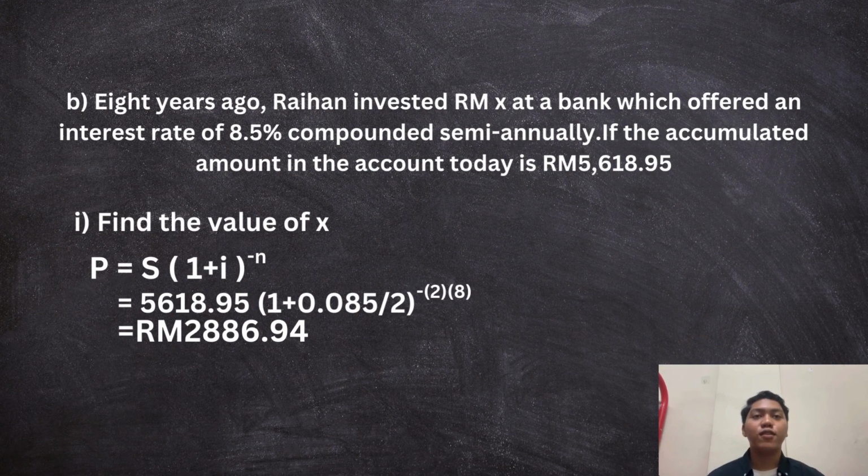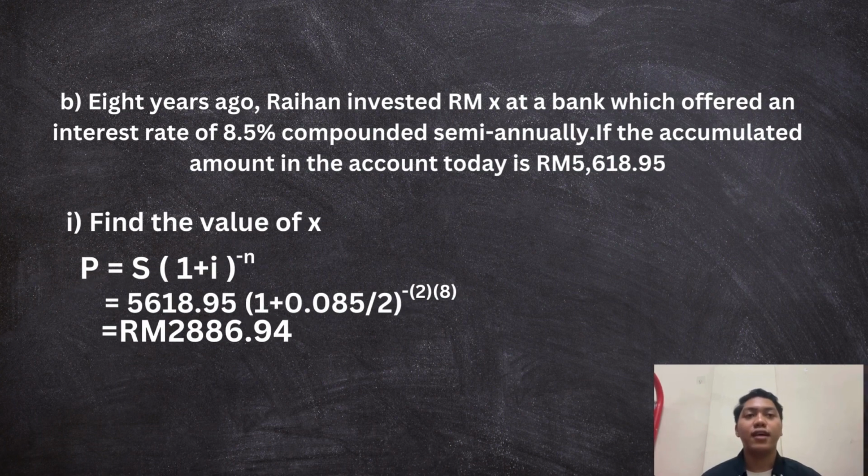After that, we calculate the amount, and then we get the answer for P, which is 2,886 ringgit and 94 cents.